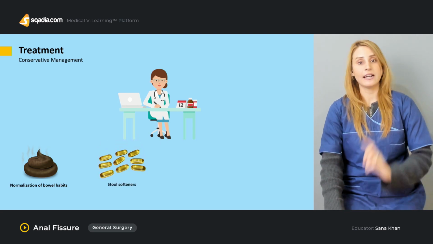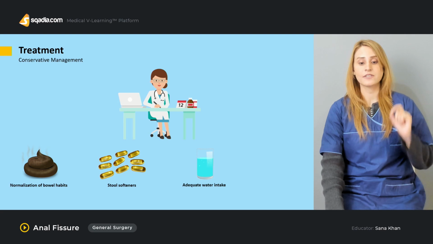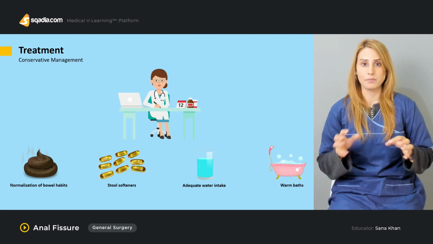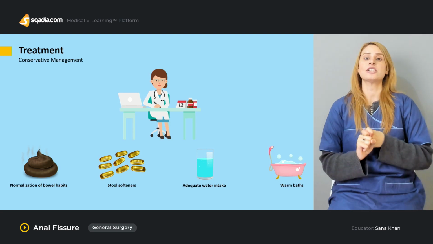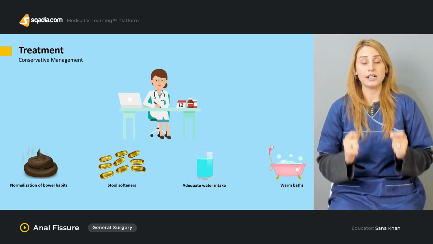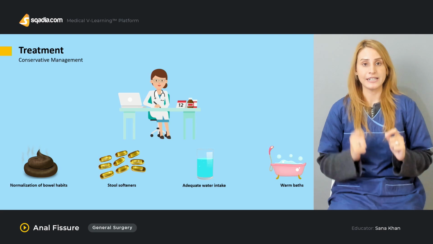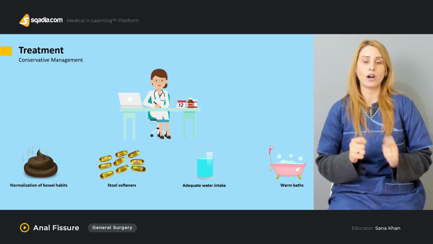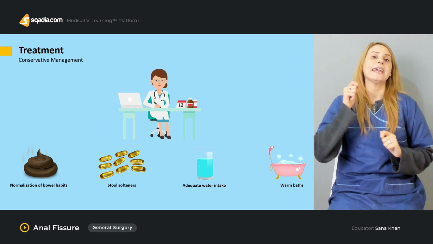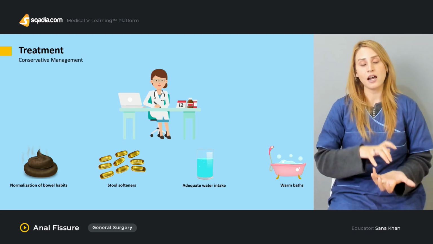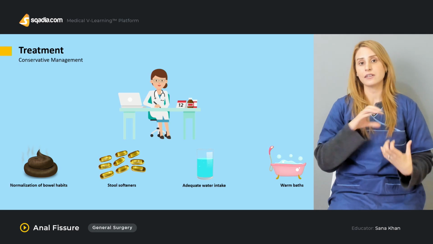The second thing, I already talked about the stool softeners and adequate water intake, and then the warm baths. Why is this important? Because you have to tell the patient that he needs to sit in lukewarm water, saline water, or you add a little bit of povidone and sit in a tub or a bath.